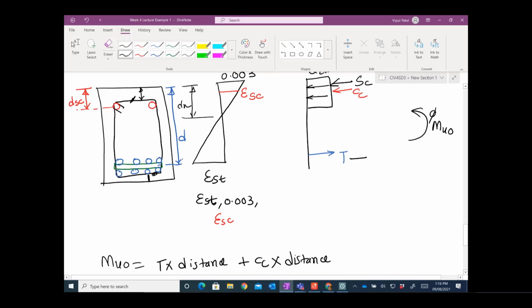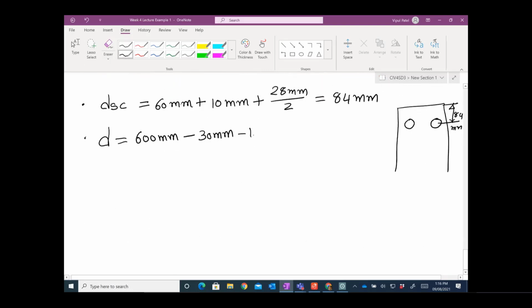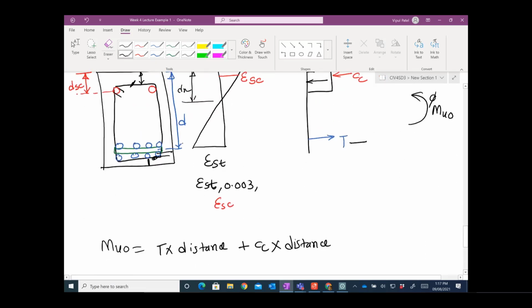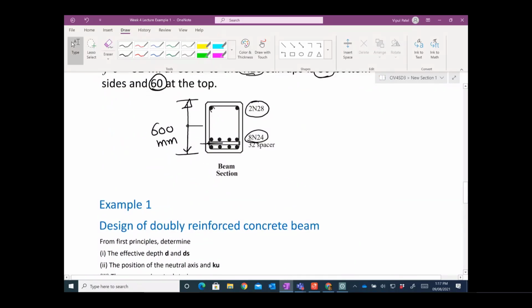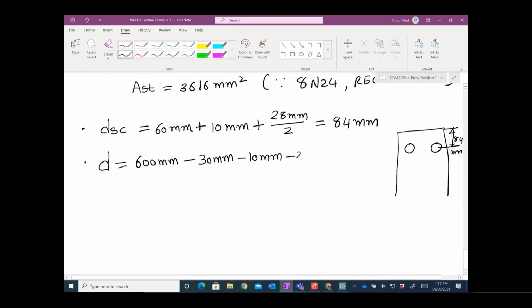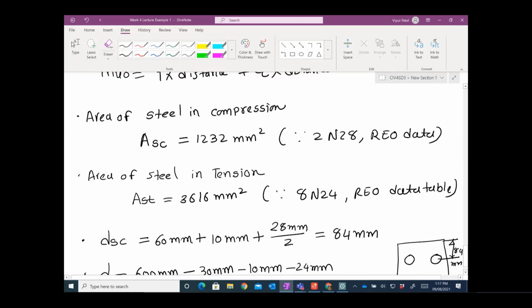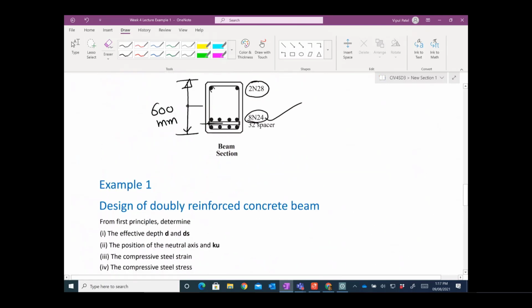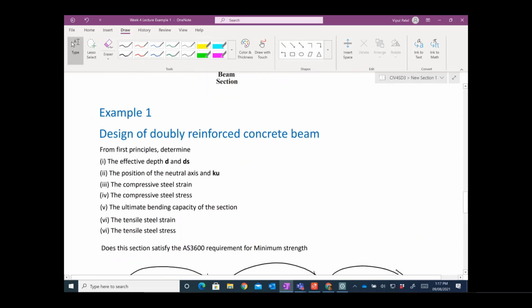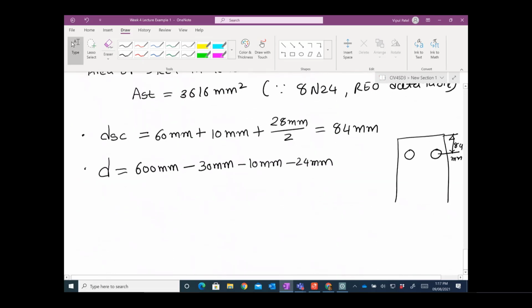Then we take the stirrups, 10 millimeters. I think we did the stirrup of 10 millimeters just now, so we put 10 millimeters. Then this Rio, the big Rio here, the bottom layer, is 24 millimeters, so take away 24 millimeters. And then we need to go halfway through that spacer bar. The spacer bar is 32, so we just need to take 16 millimeters, or let's say 32 millimeters divided by 2. If I simplify that, I would get 520 millimeters.